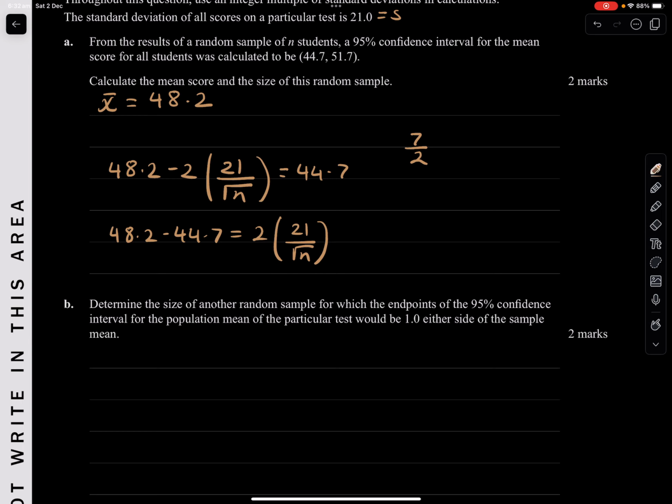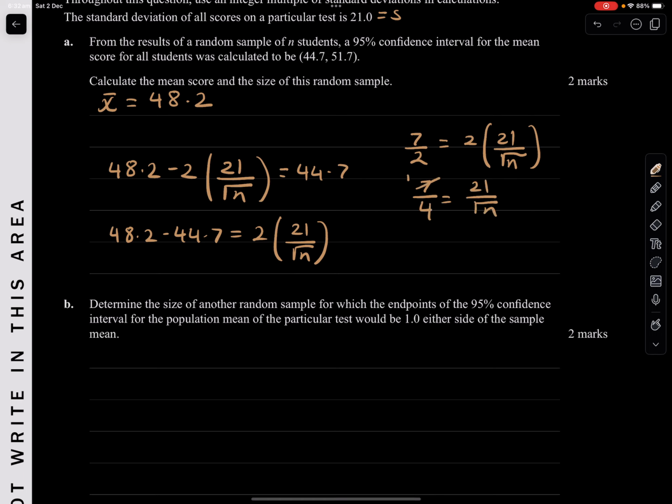That's equal to 2 multiplied by 21 over root n. If I multiply both of them by half, we get 7 over 4 is equal to 21 over root n.